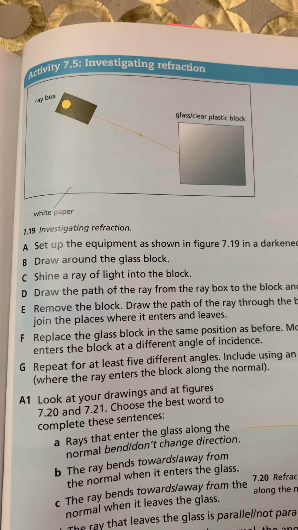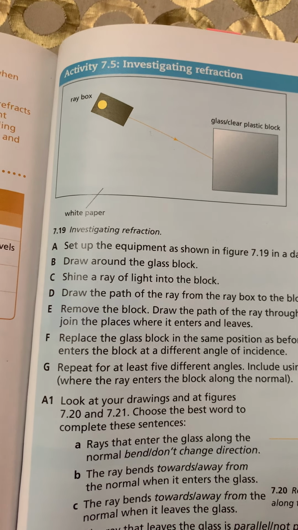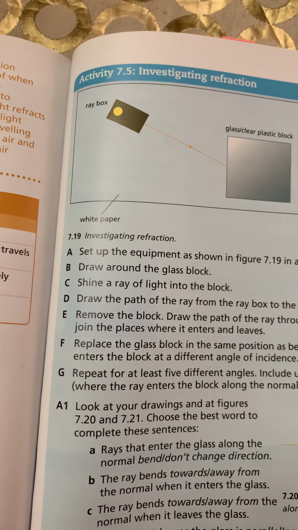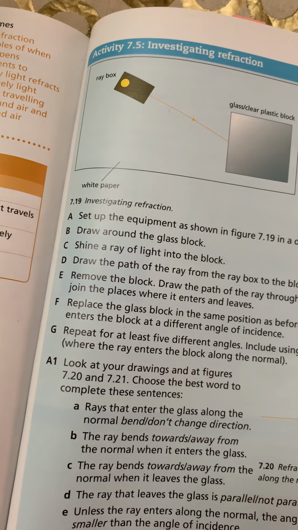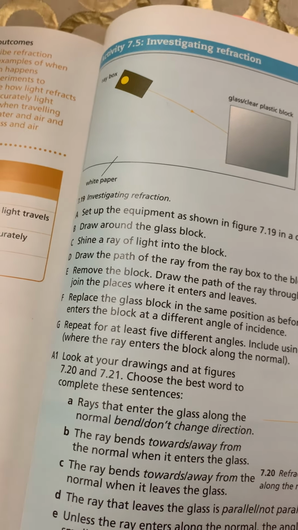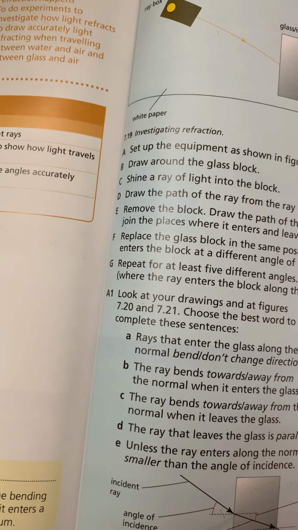Part of it will refract, part of it will reflect, and part of it will be absorbed by this medium. Look at your drawing and at figure 7.20, this figure that we already looked at.